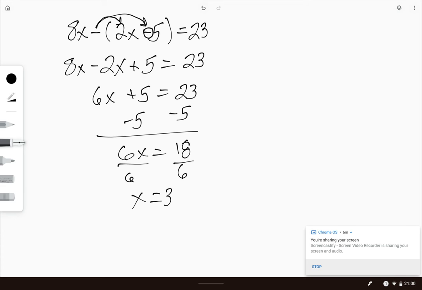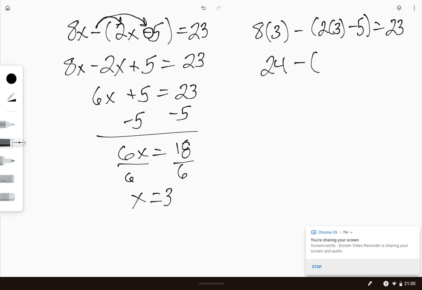So again, if we wanted to check our work in the original equation, I have 8 times 3, because I substitute 3 for every place there's an x, minus 2 times 3 minus 5 equals 23. So 8 times 3 is 24.